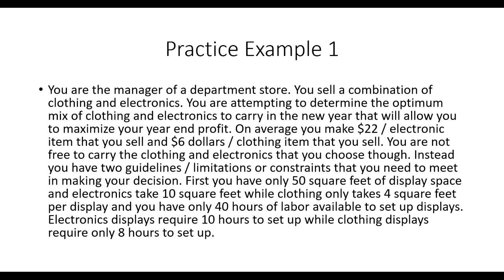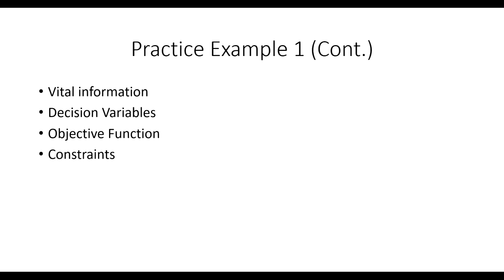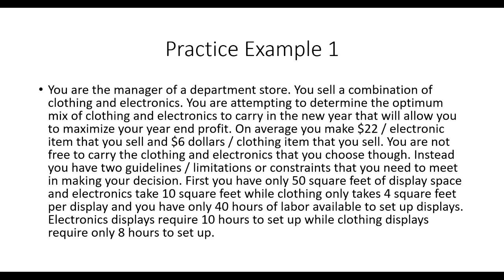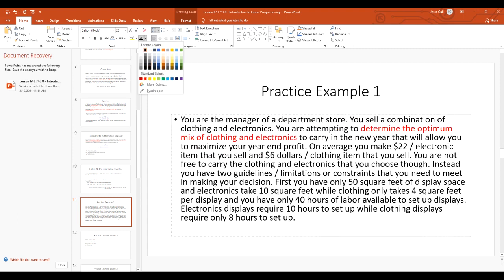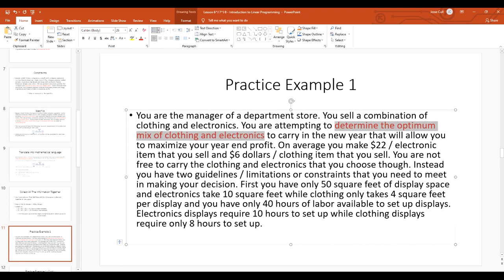You are attempting to determine the optimum mix of clothing and electronics. So right here we see what we are looking for. We're trying to determine the optimum mix of clothing and electronics.